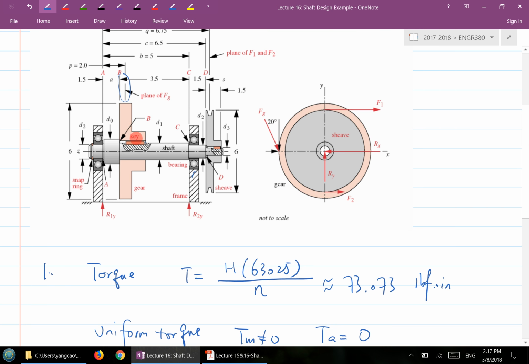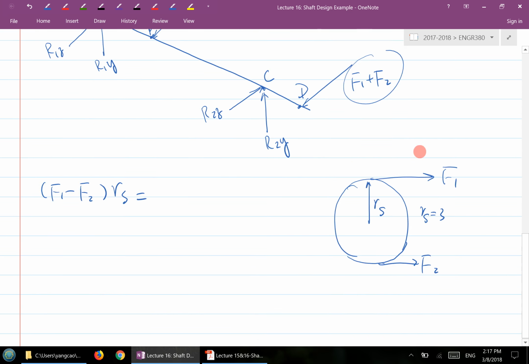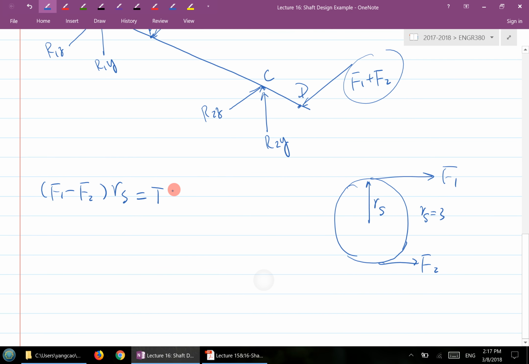So the same torque from here to here, that should be T, which is 73.073. That's the first equation. That gives you F1 minus F2 equal to T over RS.